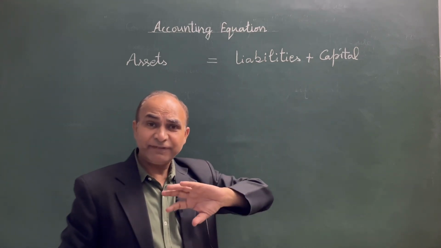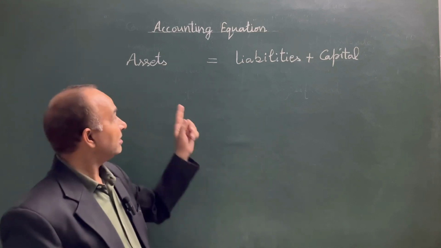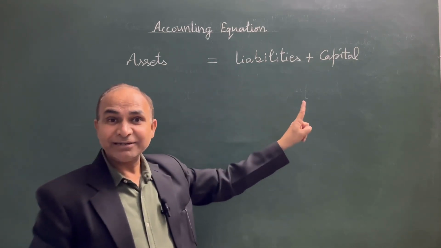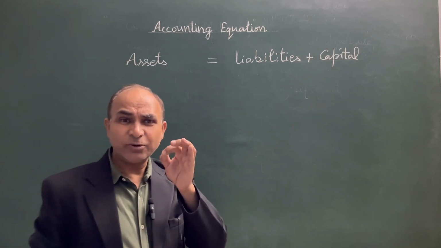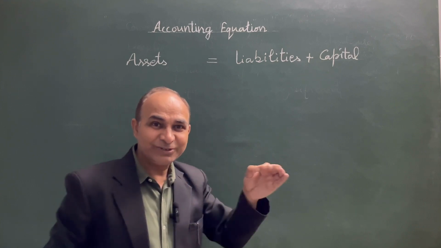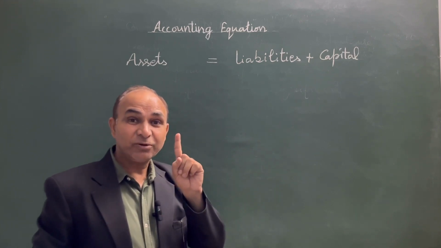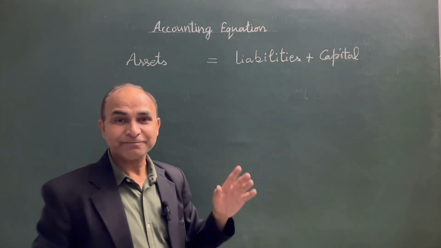It means the effect of every financial transaction takes place on assets, liabilities, and capital in such a way that the accounting equation always holds good. It always proves that assets are equal to liabilities plus capital.